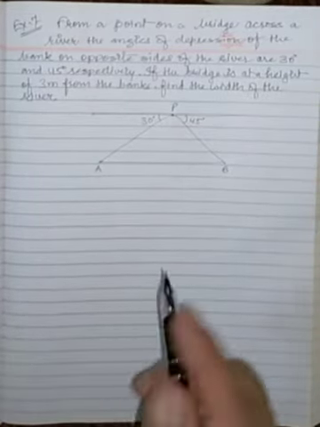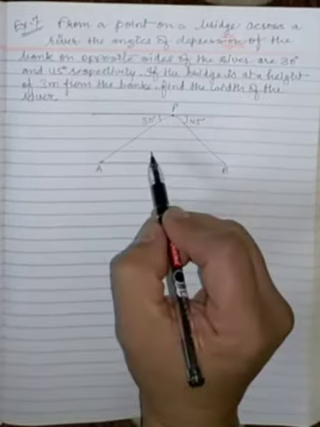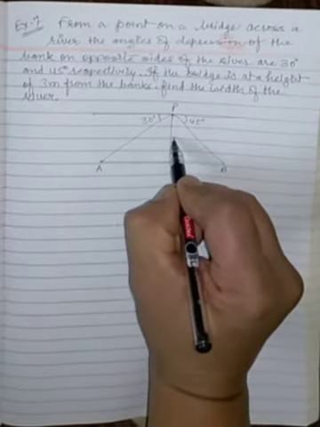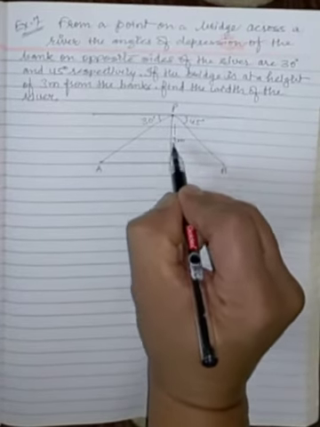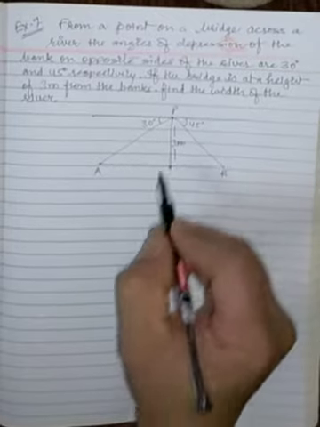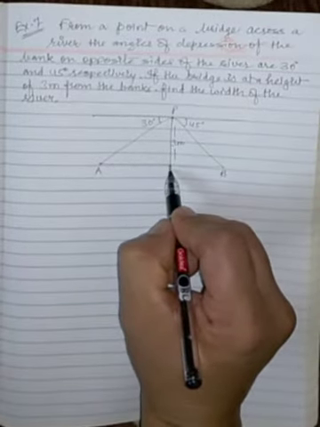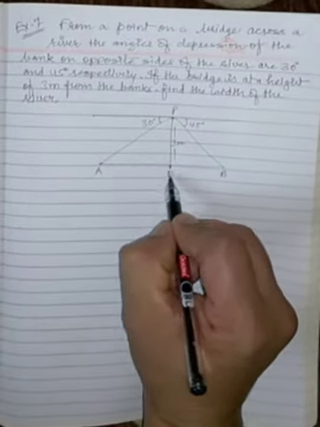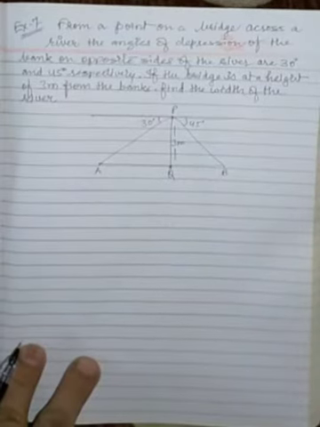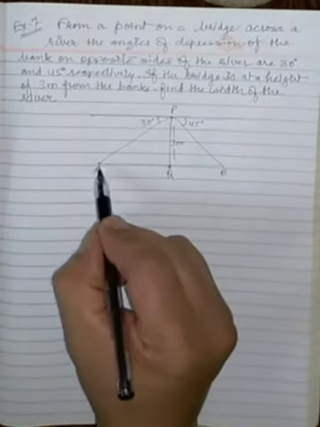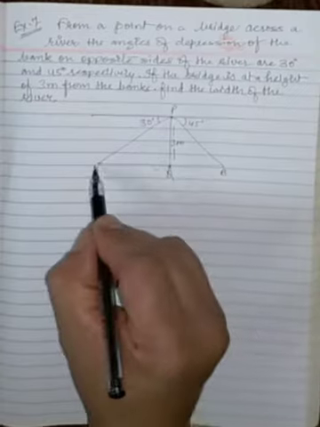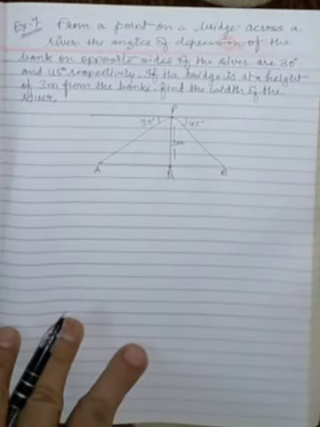Okay. Also we are given that this height of the bridge from the banks of the river is 3 meter. So 3 meter is the height of the bridge from the banks of the river. Let it be PQ. So we have to find out the width AB of the river.